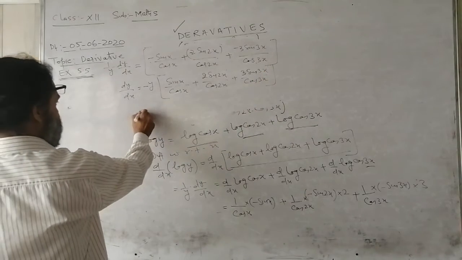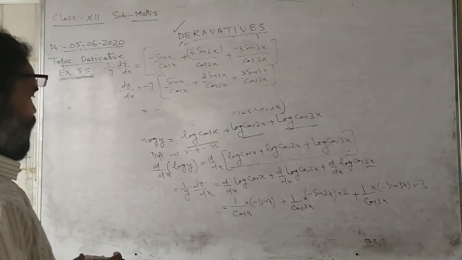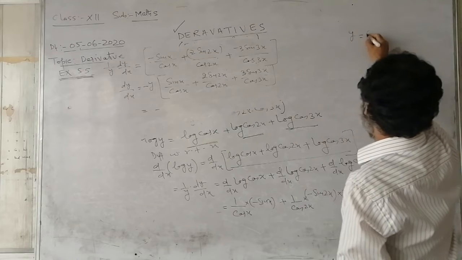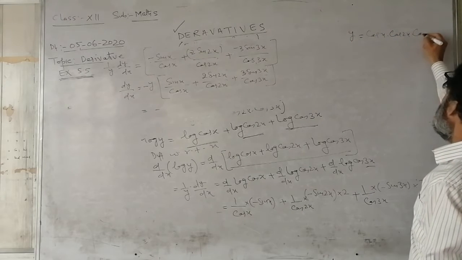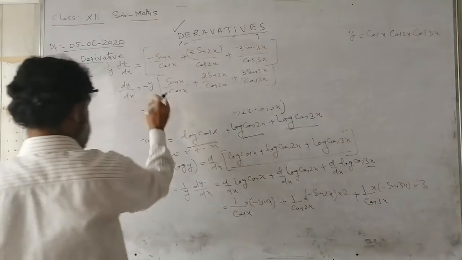Now the value of y is given to us, and that is cos x into cos 2x into cos 3x. So I can put the value of y here.